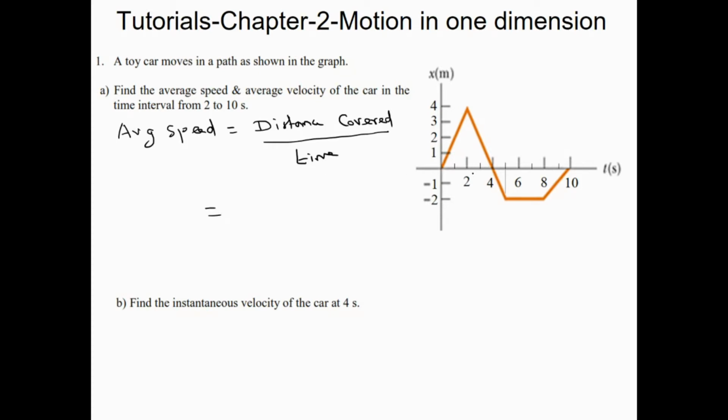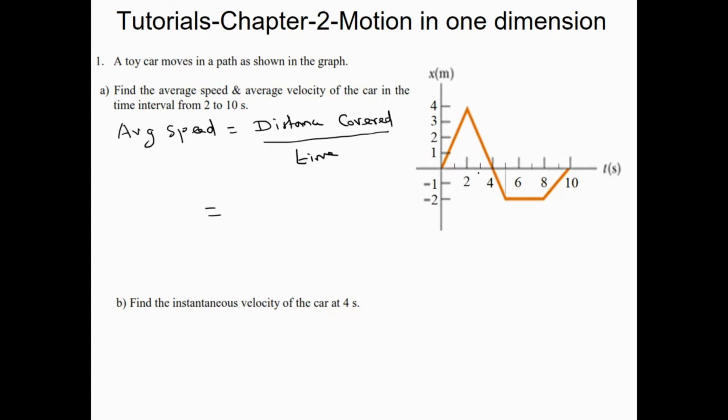When time is equal to 2 seconds, the toy car covered a distance of 4. At 4 seconds, it has 0 value. At 6 seconds, it has -2, but we are going to consider only the magnitude. And for 8 seconds, again, its distance is 2. For 10 seconds, again, the distance is 0.